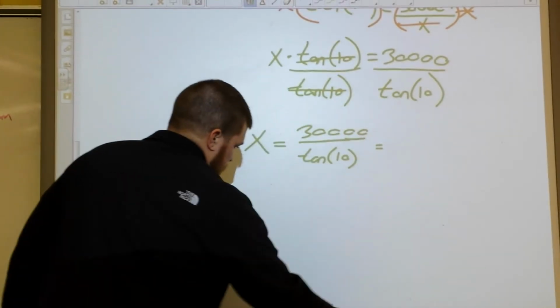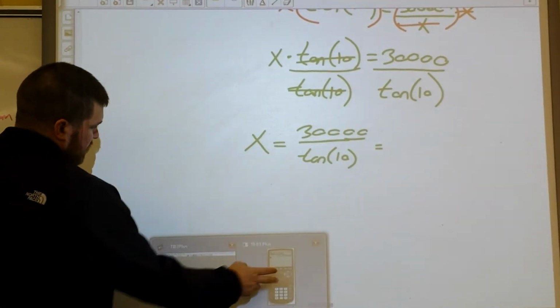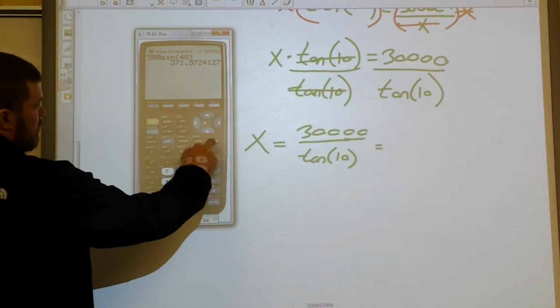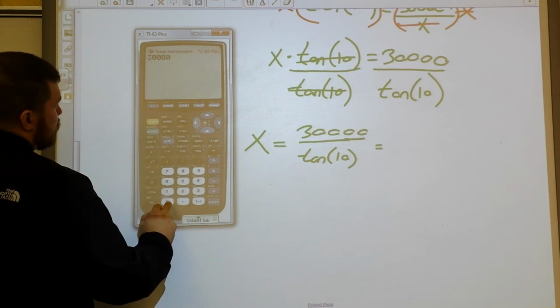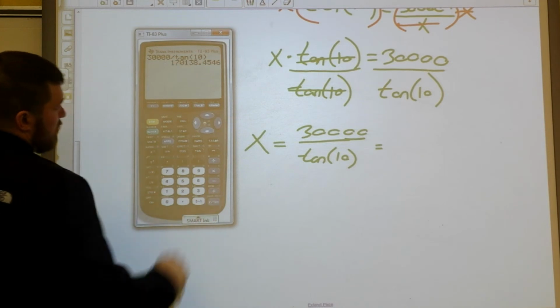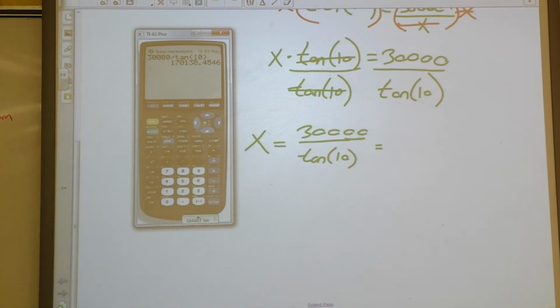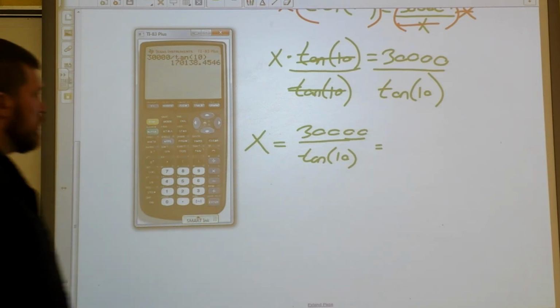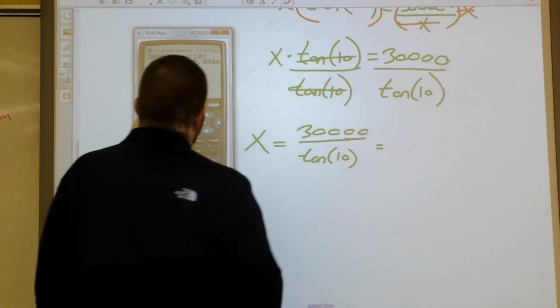Let's figure out what decimal that is using our calculators. So 30,000 divided by tangent of 10 degrees is about 170,138.45.